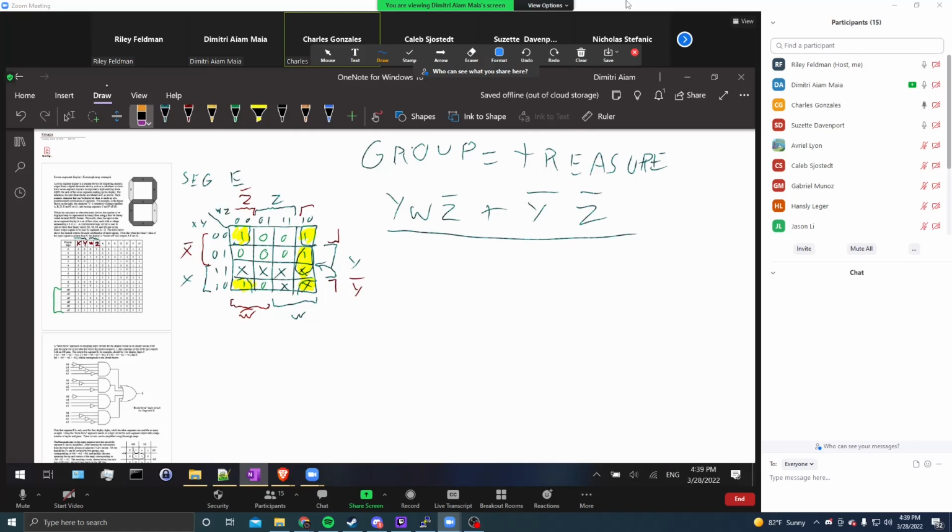For example, 0 0 0 0 means everything is a not, all the letters are not. If you have 0 0 0 1, everything except Z is a not, and Z is just Z. That's how you break it down in groups and put the equation together.